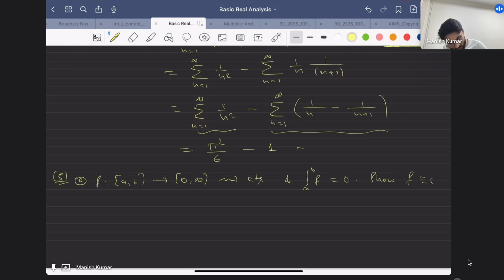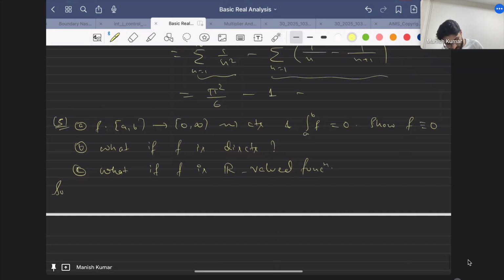Second question is, what if f is discontinuous? And the third is, what if f is an R valued function? So do you know this result?